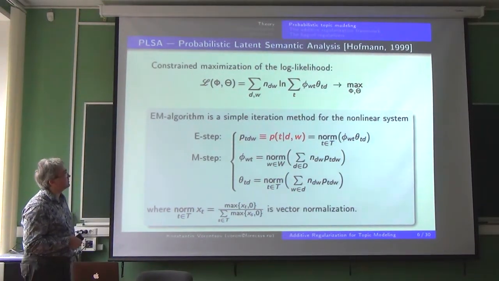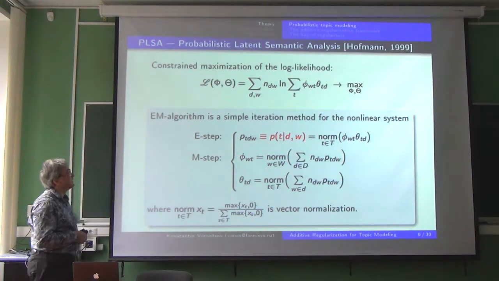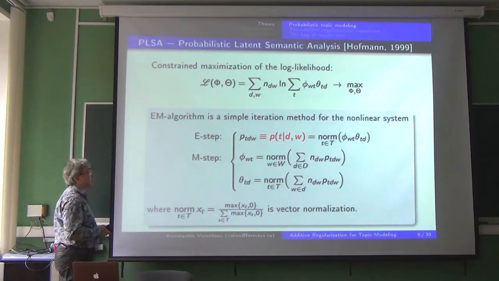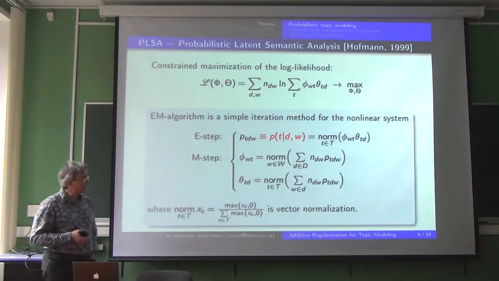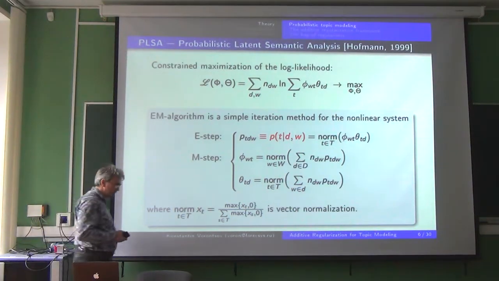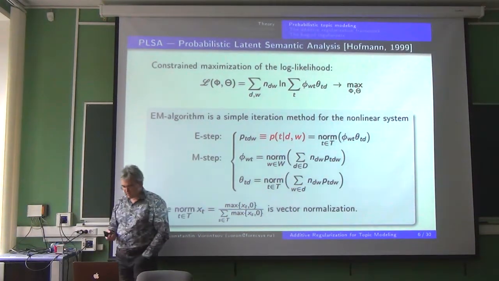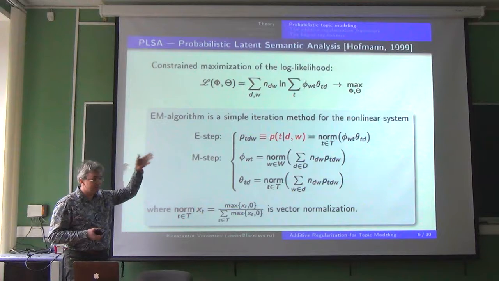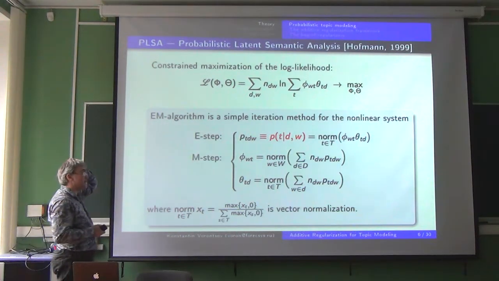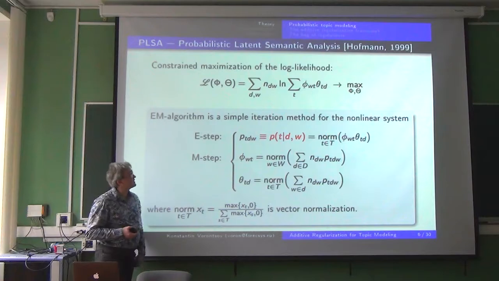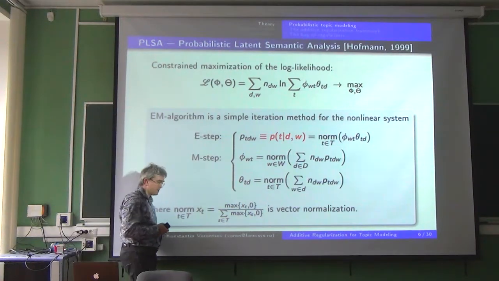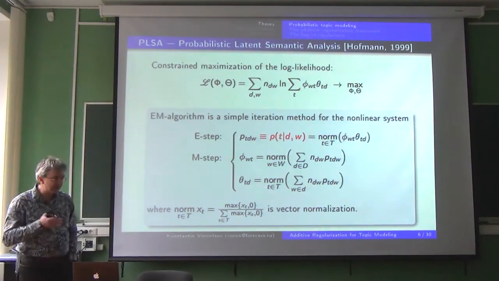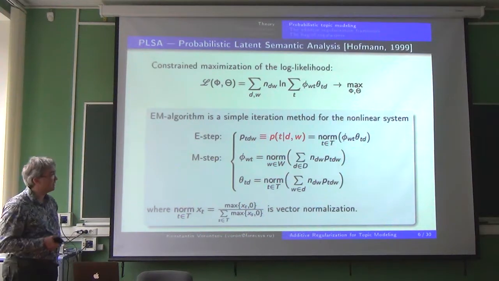One standard way to solve this problem is log likelihood maximization in probabilistic latent semantic analysis from Thomas Hofmann. The well-known Karush-Kuhn-Tucker conditions can be used to reduce this problem to a system of nonlinear equations. We can solve this system by simple iteration methods. And it is interesting that this method is strictly the same as the EM algorithm.